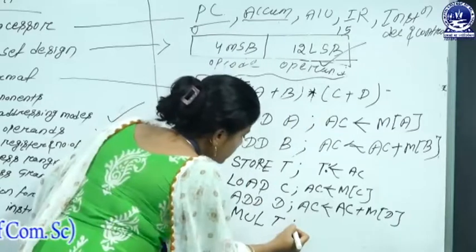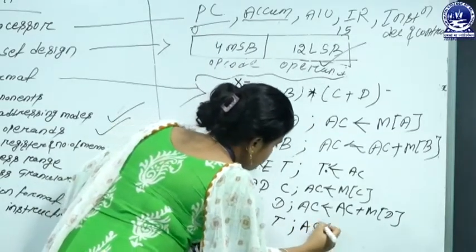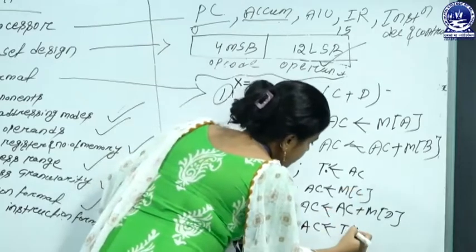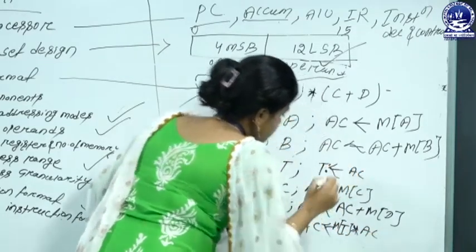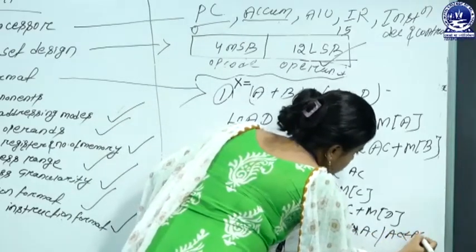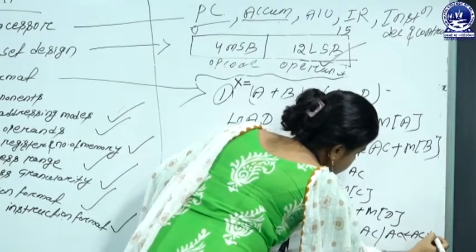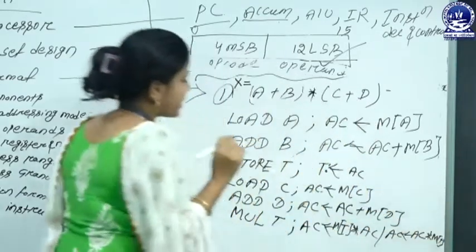So multiplication of T, that means here AC equal to M of T into accumulator, or otherwise accumulator equal to first whatever the accumulator value holds, then whatever the memory location T data value.